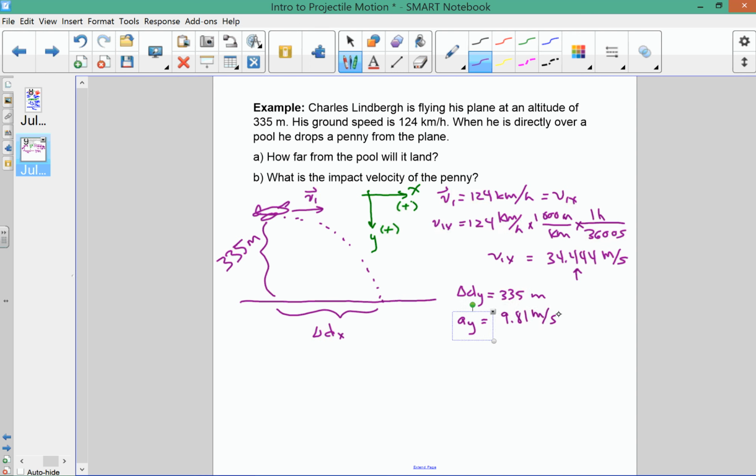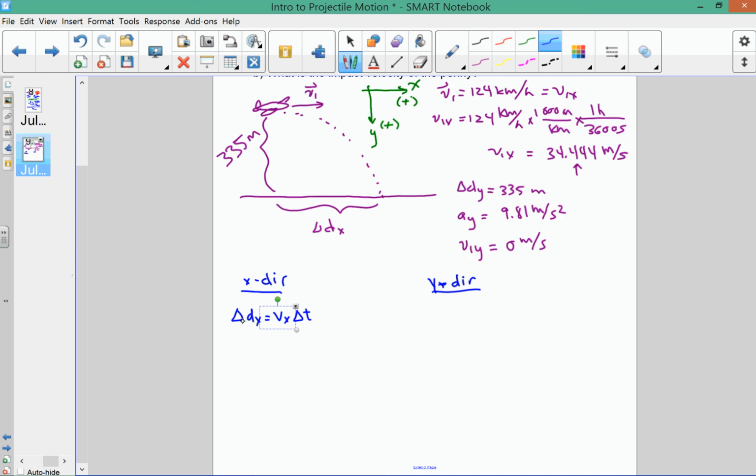I'm going to organize my answer by separating the x and the y direction. And then I'm going to start by writing down the equations that I need to use. In the x direction, this is my equation of motion for constant velocity motion. In this case, I know Vx. I want to find the displacement in x, but I don't know time.